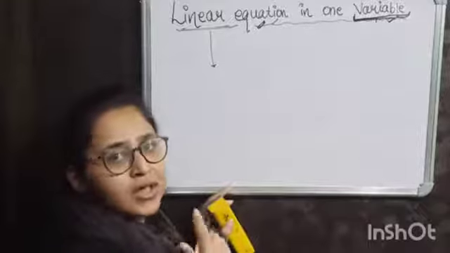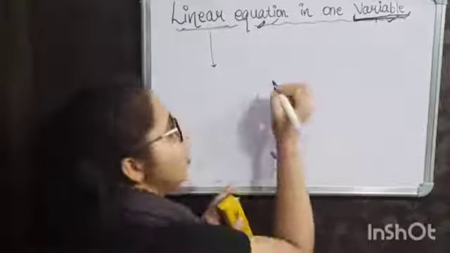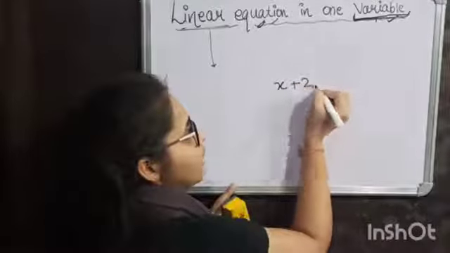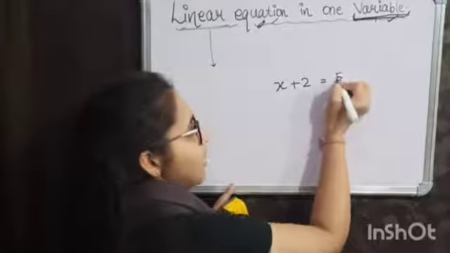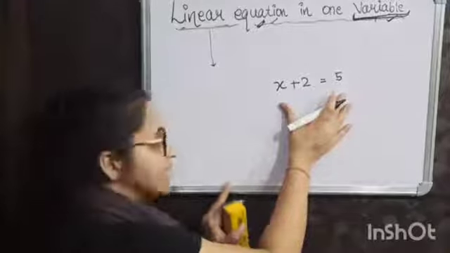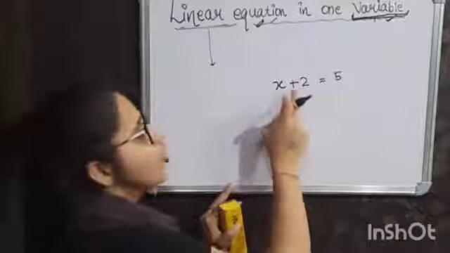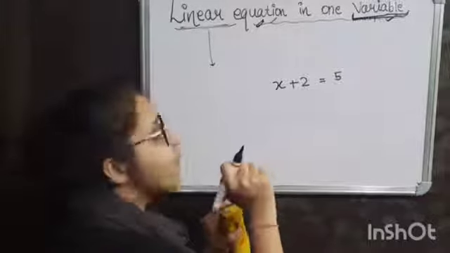Now variable is x, y, z, something. If you have an equation like x plus 2 is equal to 5, is this an equation? Yes. Here variable is your x, constants are 2 and 5.